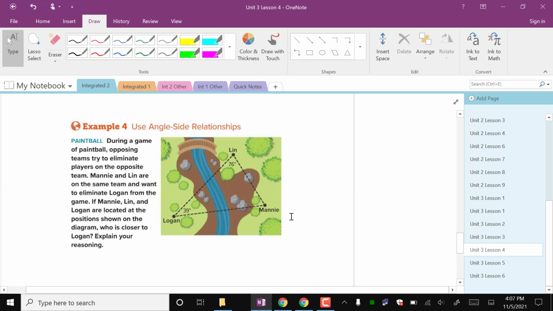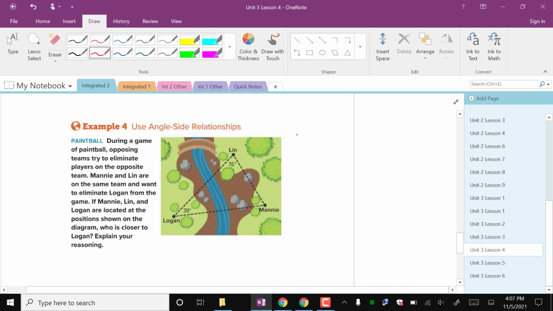So example 4, use angle-side relationships. During a game of paintball, opposing teams tried to eliminate players from opposite sides of the field. We want to figure out whose location is closest to Logan in this example. So we have 39 degrees, we have 76 degrees, but we don't have this angle right here.